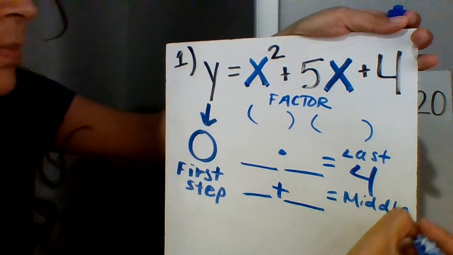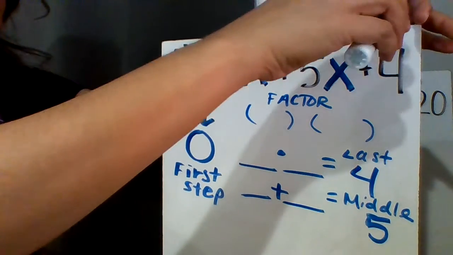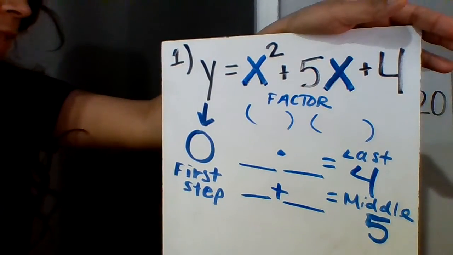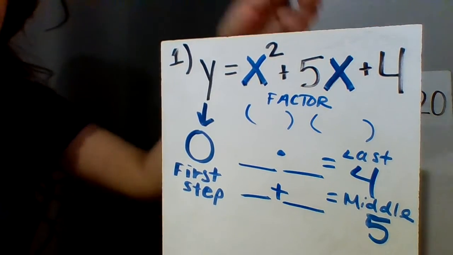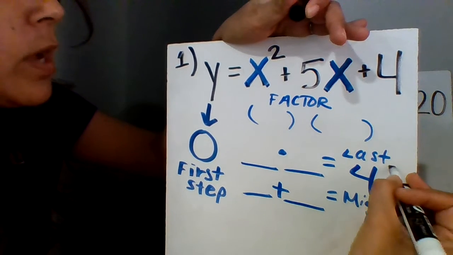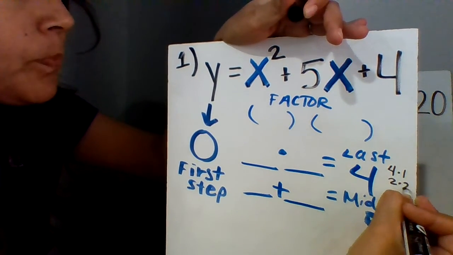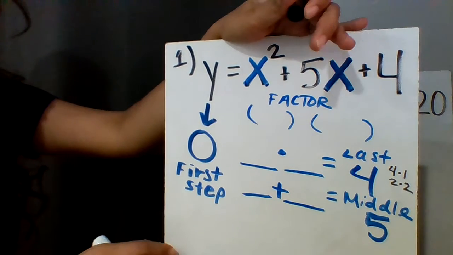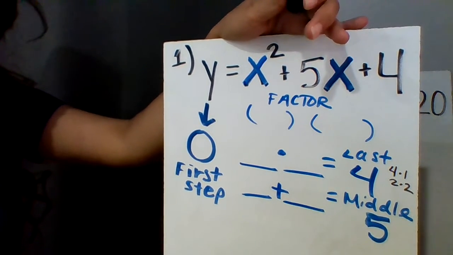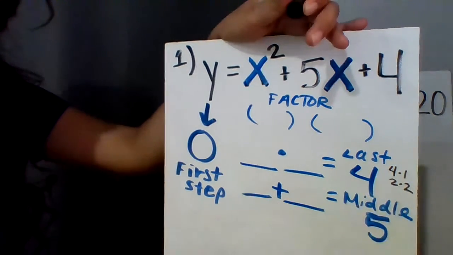And the middle number in this problem is 5. So what times what gives you 4? And what plus what gives you 5? So we're going to list the possibilities.